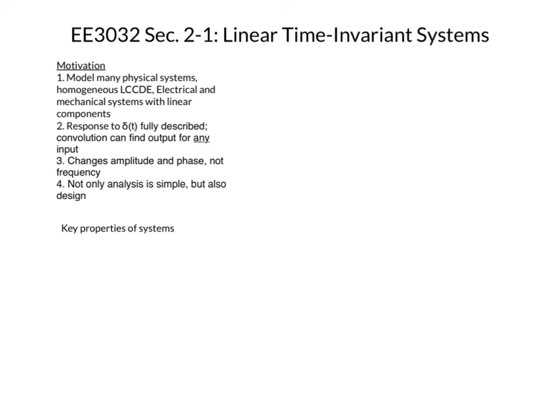So there are some key properties that we need to look at as we approach linear time invariant systems. Ultimately, we're going to be talking about linear time invariant, or LTI, systems. This consists of two parts: the fact that a system is or is not linear, so we're going to take a careful look at what that means.